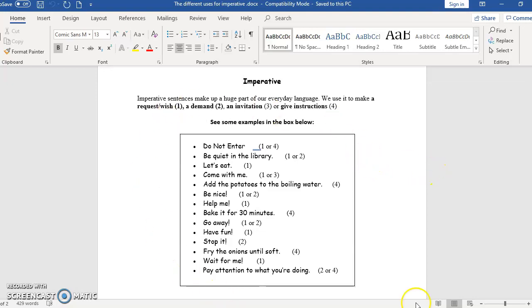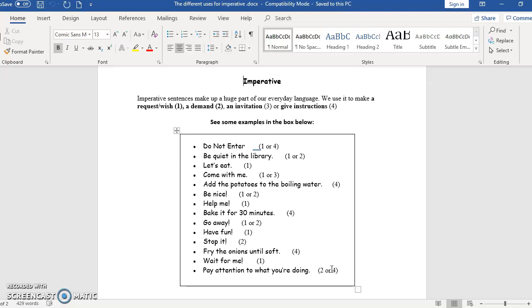Here are some examples which you can read yourself, and I always put the number beside it. So you can see, is it a wish, is it a demand or an invitation? Some of them can be more than one. It depends a little bit on the tone you say something.